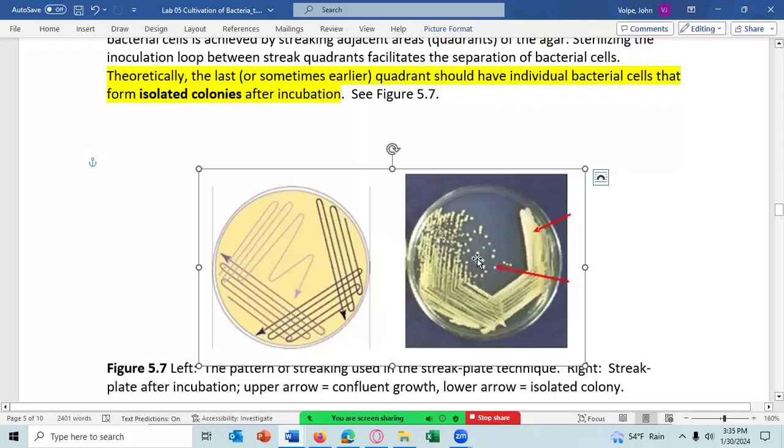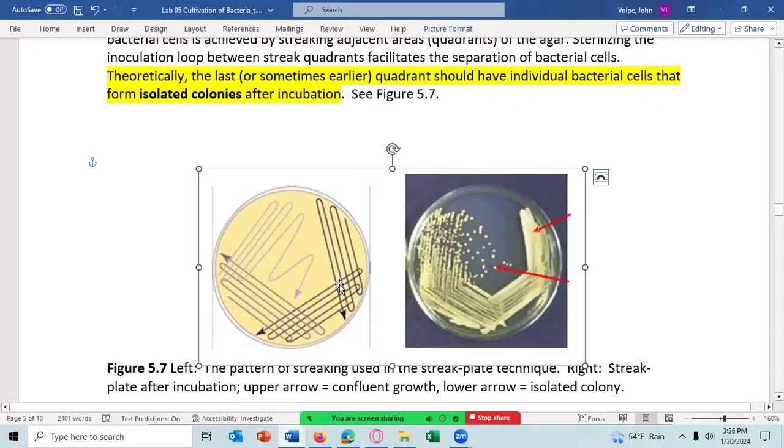And it doesn't matter where the isolated colonies grow. If they grow on sector 3 instead of sector 4, that's fine. You just will have little, if any, growth on sector 4. That's because the bacteria were more dilute than the starting culture that we did here.